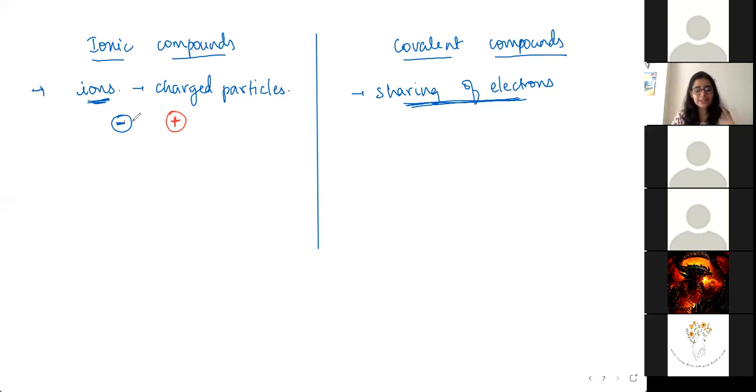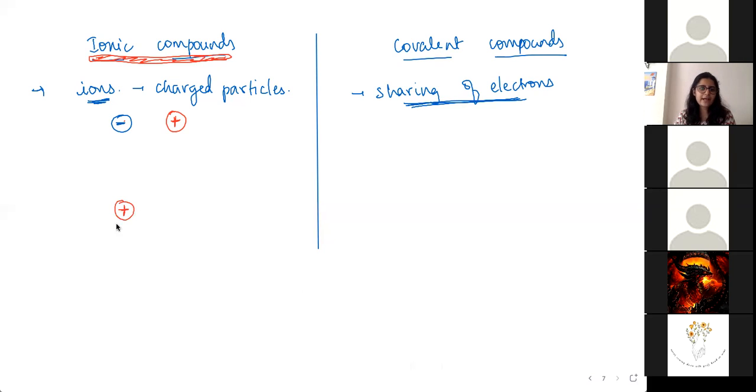And it's because of this attraction that you get ionic compounds. Agar ye attraction nahi tha na, then these things won't happen at all. So ionic compounds, if you take your table salt and observe what kind of particles are in it, this is what it looks like. You have a sodium ion, let's say a positive ion.